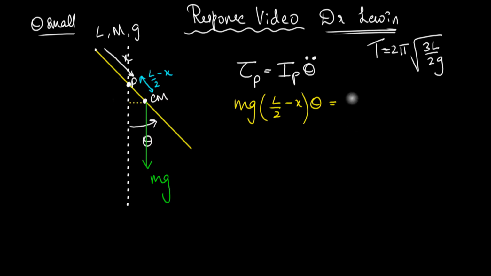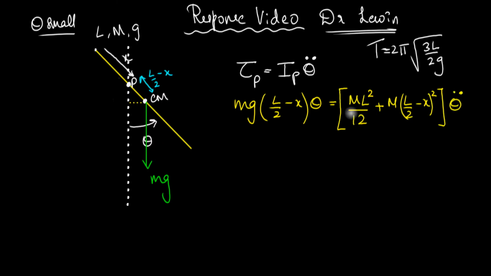and for that I have to use the parallel axis theorem. I have to know the moment of inertia with respect to the center of mass. I know that: it is mL squared divided by 12, plus m d squared, where d is L/2 minus x, the whole squared. All right, so this is going to be the moment of inertia times theta double dot.